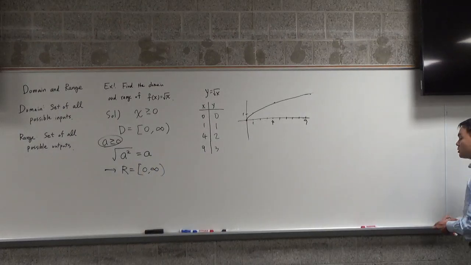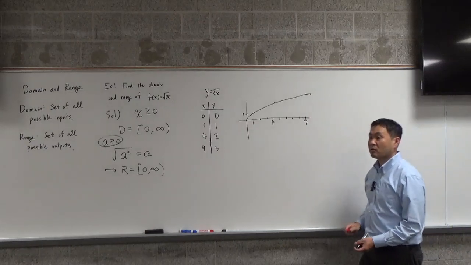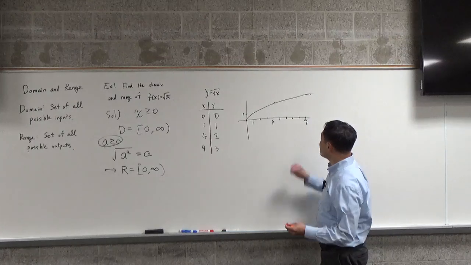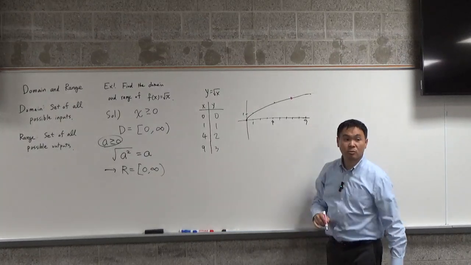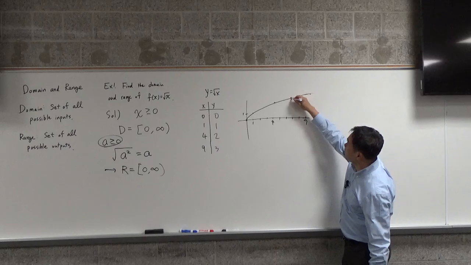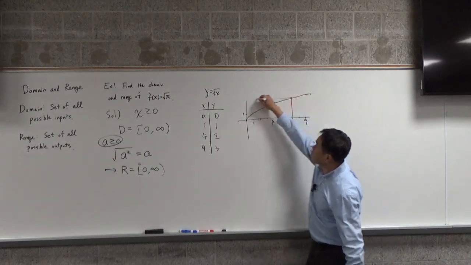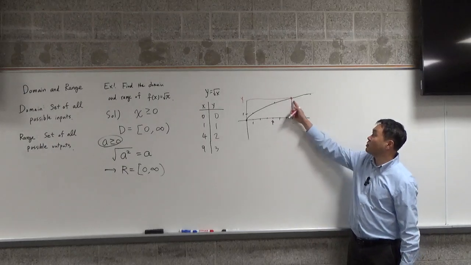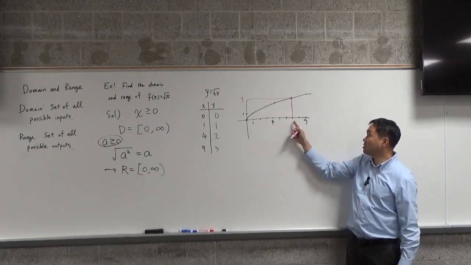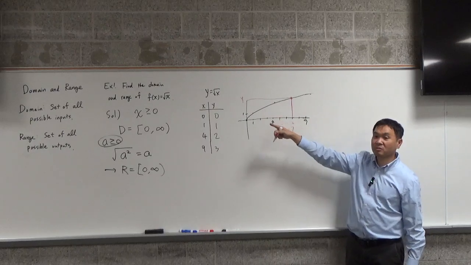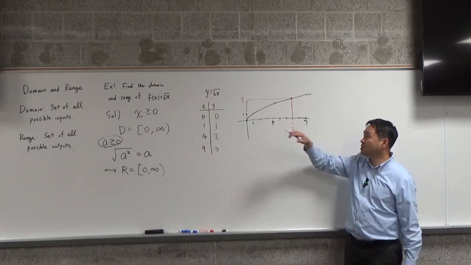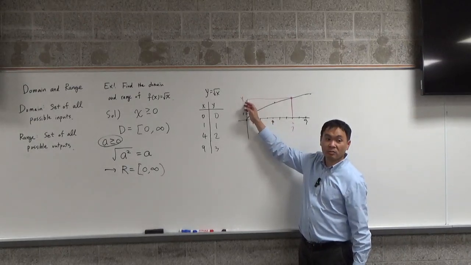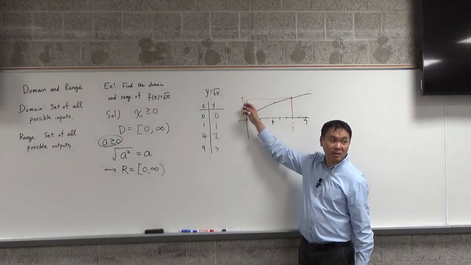And from there we can read the domain and range. First of all, for any point on this graph, there's a pair of x values and y values, right? What it means is that if you plug in this value, you get that as the output. So this is about 7. Square root of 7 is 2.4 something. So you get about 2.4 as the output.